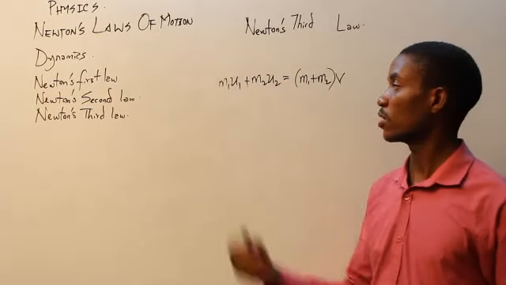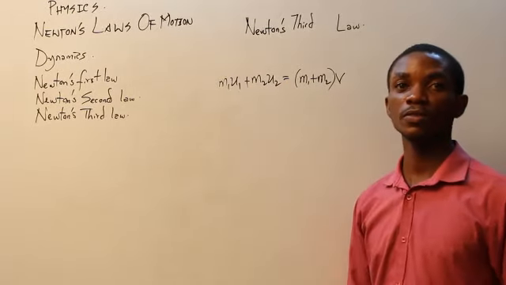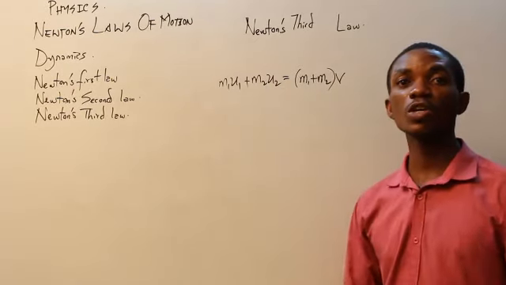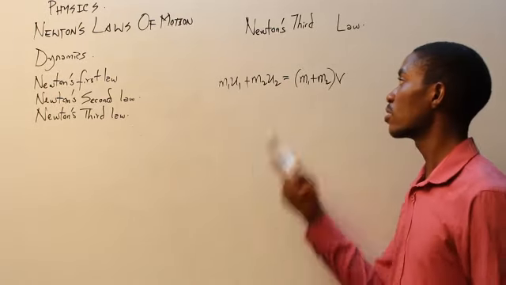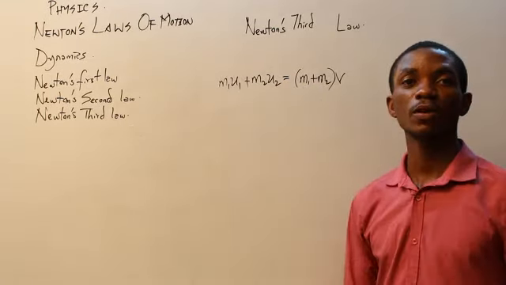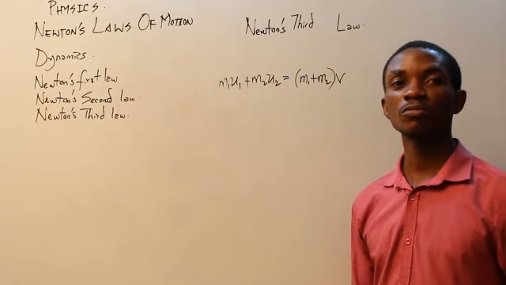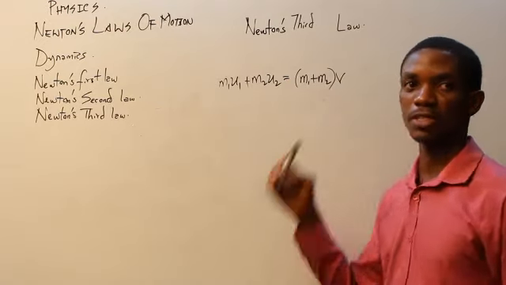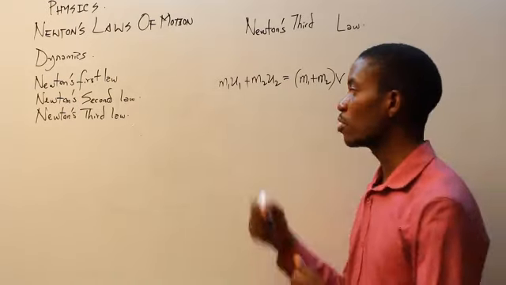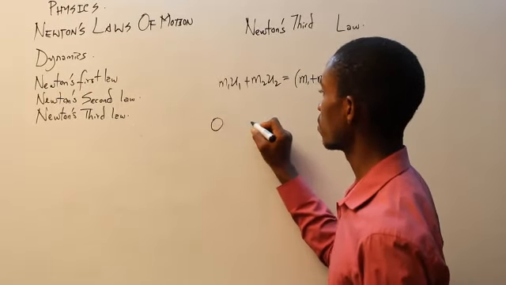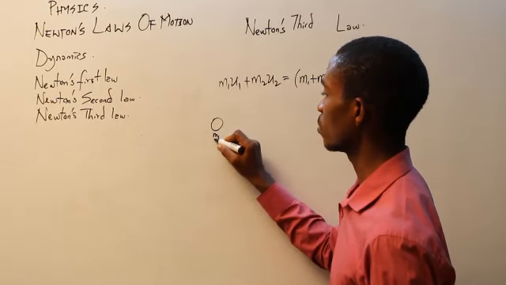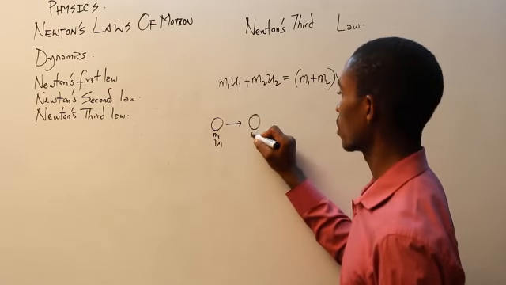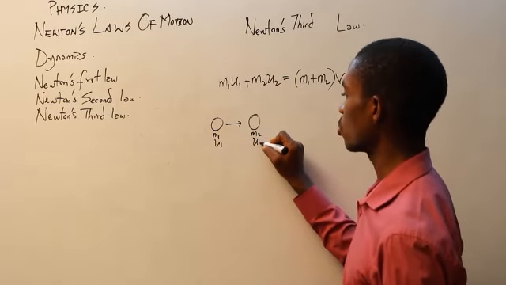Momentum of the first body, m1 u1, plus the momentum of the second body, m2 u2, equals the joint mass of the bodies, m1 plus m2, multiplied by the uniform joint velocity with which the two bodies move, v. So when we have two bodies initially, this one is m1, it possesses u1, it's coming, and this one is also here, it's m2 and u2.